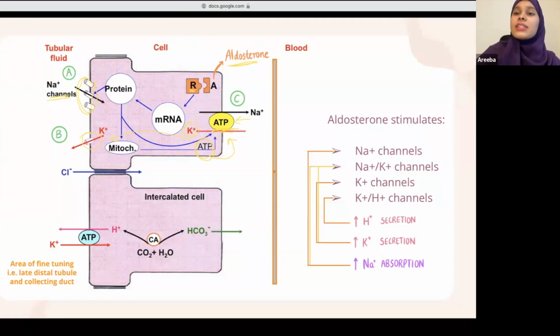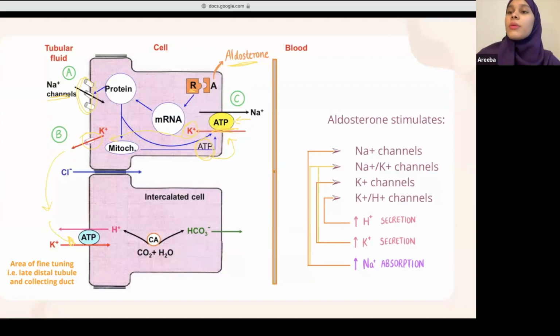Another thing that happens is that indirectly, aldosterone ends up stimulating this channel as well. It's a K plus H plus antiporter. Basically, all the potassium that you're going to be removing into the lumen is going to go here and exchange, and H plus is going to be secreted out instead, okay?